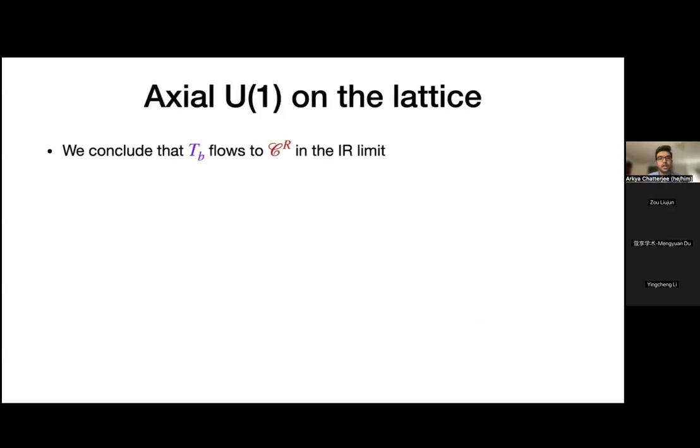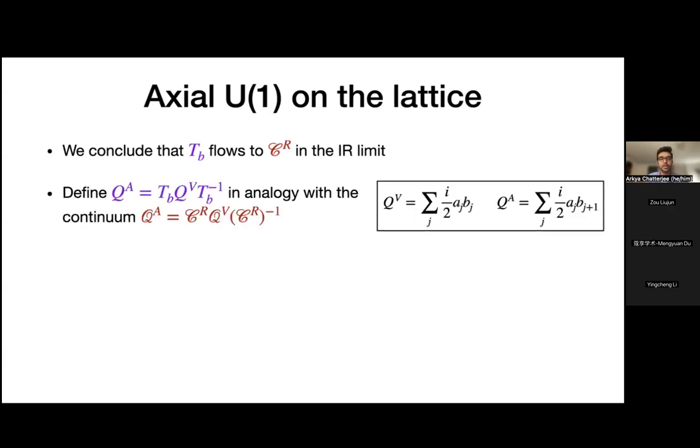So with this argument, we've now concluded that TB, this lattice chiral translation operator, acts like the right moving charge conjugation in the IR limit, the low energy limit. So we can define this QA as TB QV TB inverse, by conjugating the lattice vector charge in analogy with how the continuum symmetries act.